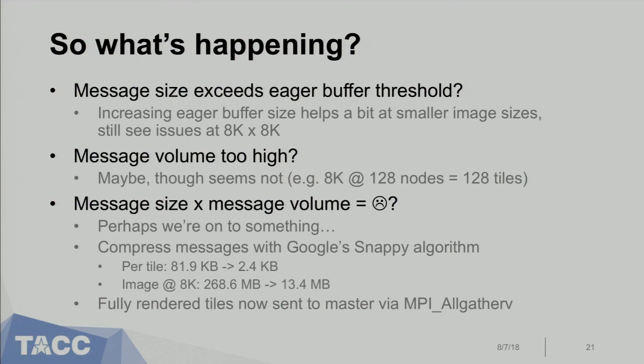Was the message volume too high? Maybe, but at 8K at 128 nodes, you're only dealing with 128 tiles per process, and so 128 messages per process really doesn't seem that high.